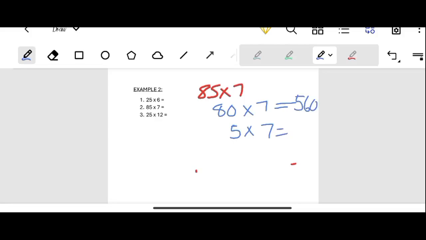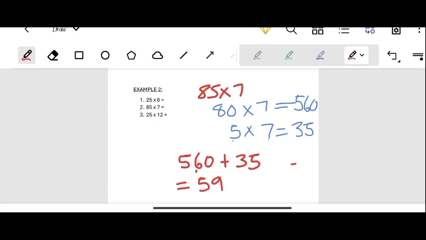And the next thing that you do, you say 5 multiplied by 7, which is going to give us a 35. The next thing that you're going to do, you add. So you have your 560 plus the 35. So the answer here is going to be 595. And you are done.